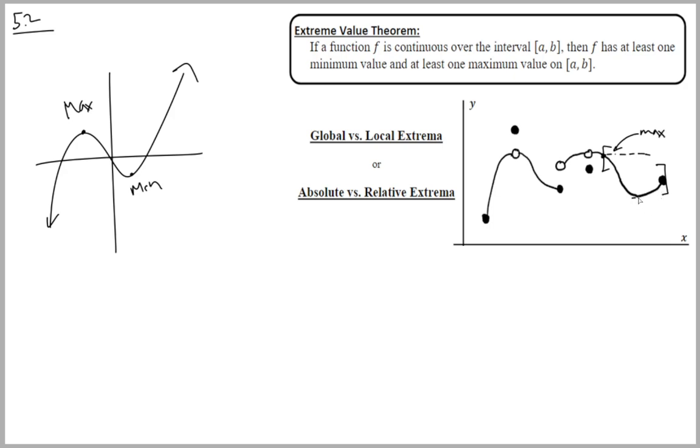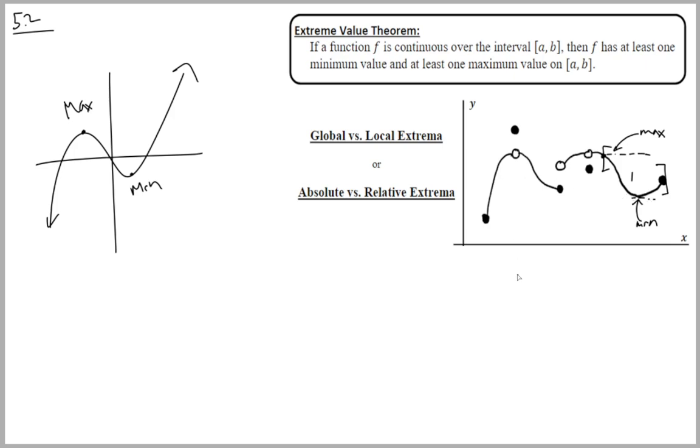And at this point right here, this is the min. And we can see how it's pretty simple to understand, because a graph is continuous, it'll be a straight connected line, you could say. And that means that there has to be a min and a max to that graph.